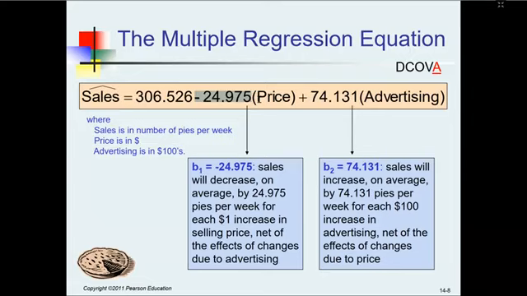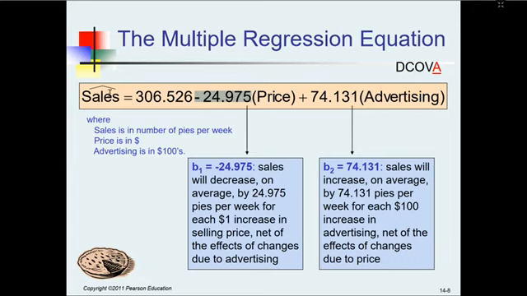So whenever price is increased by 1 unit, do you expect sales to decrease or increase? It will decrease.